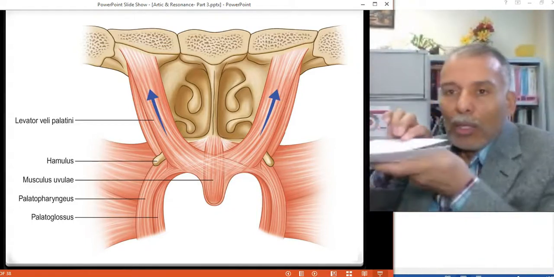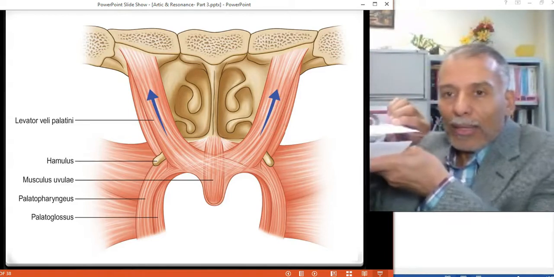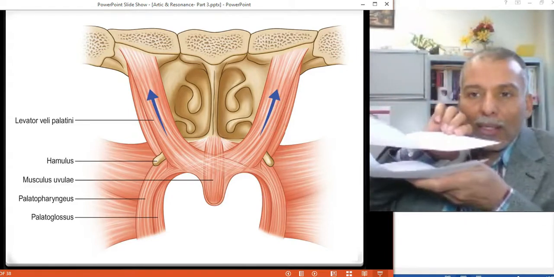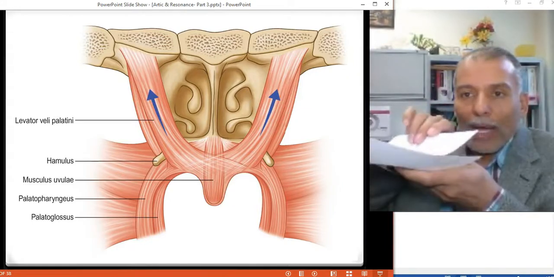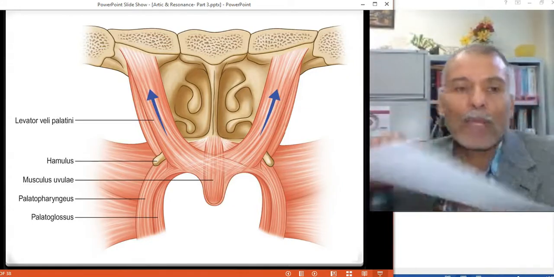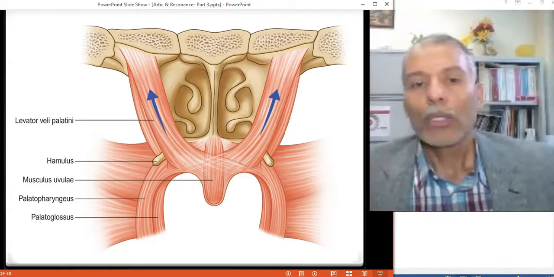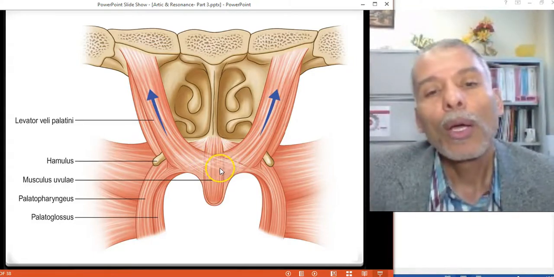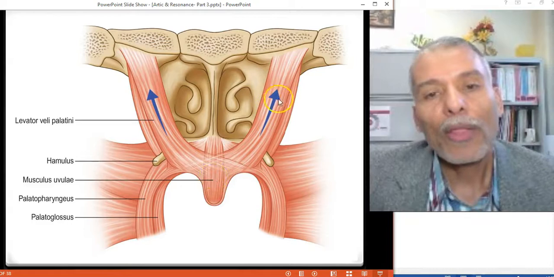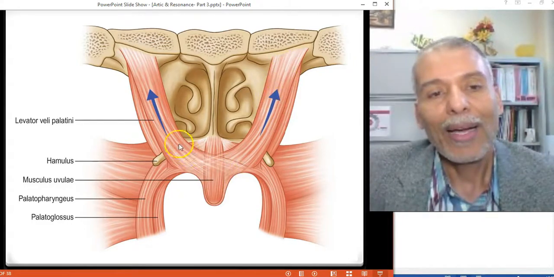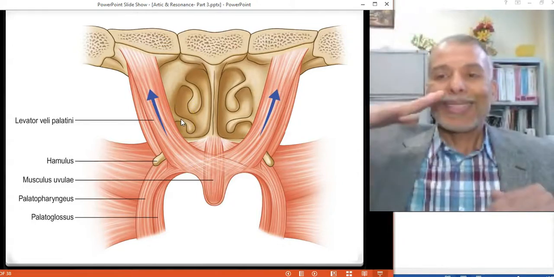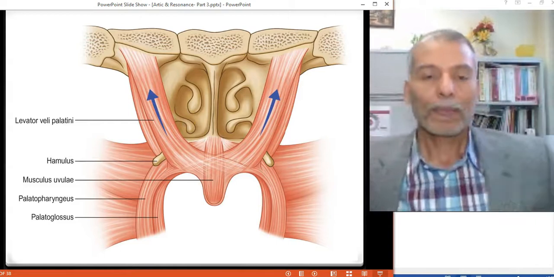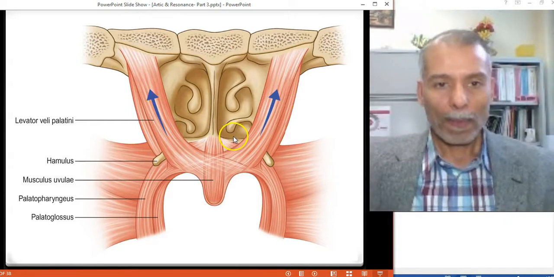So again, like that, and then it contracts, and the upper fibers are going to contract and shorten, and that's going to elevate the velum. And by doing so, you help. It works with the levator veli palatini, and it helps it elevate the velum and kind of tense it, bunch it up.